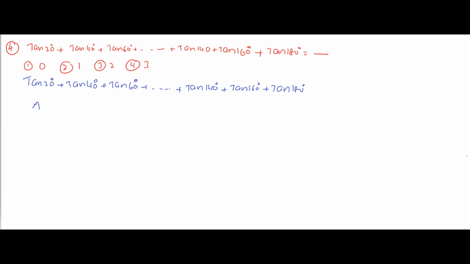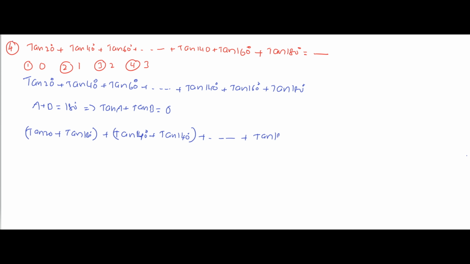If a plus b is equal to 180 degrees, then tan a plus tan b is equal to 0. Here the first value is tan 20 degrees, plus the last but one value is tan 160 degrees, plus the second value tan 40 degrees and tan 140 degrees, up to the last value tan 180 degrees.